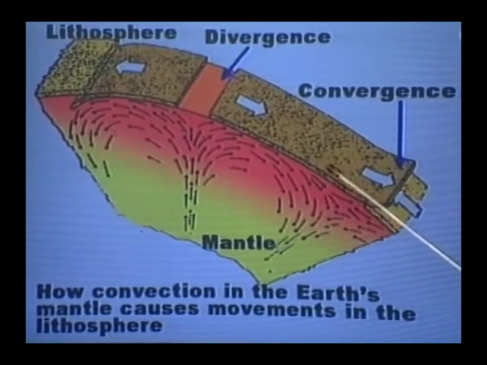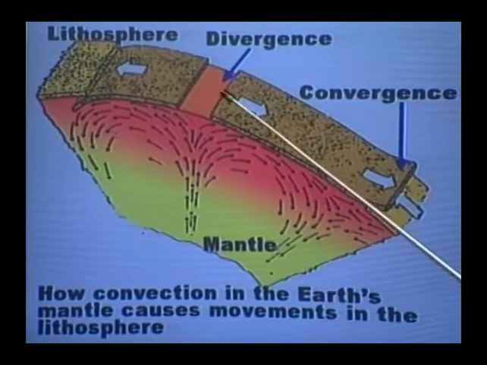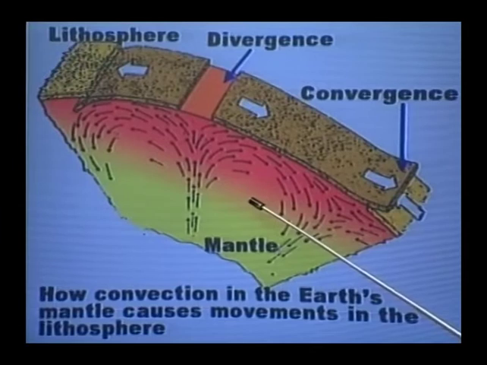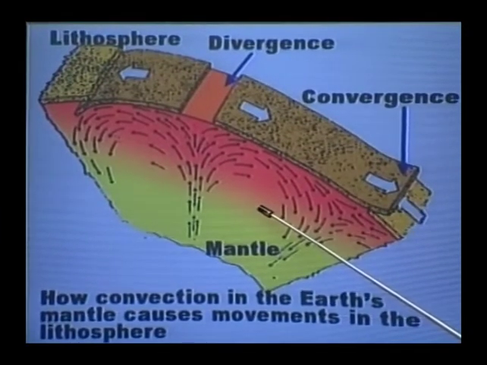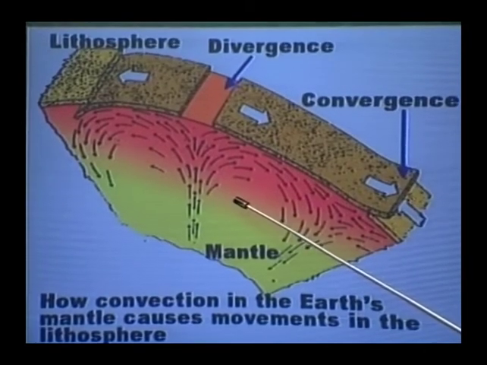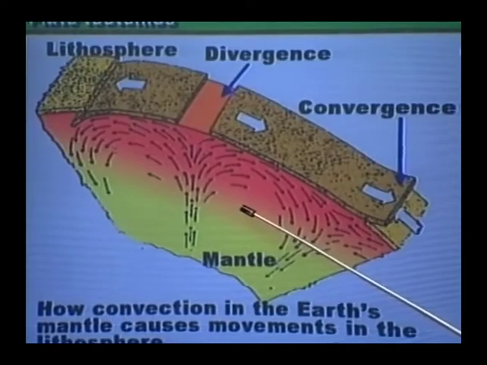So Alfred Wegener and all those other scientists did not have the convection currents to explain continental drift. Had they known about the structure of the Earth, then they would have come up with that convection current, and then the theory on continental drift would have been accepted a long time back.